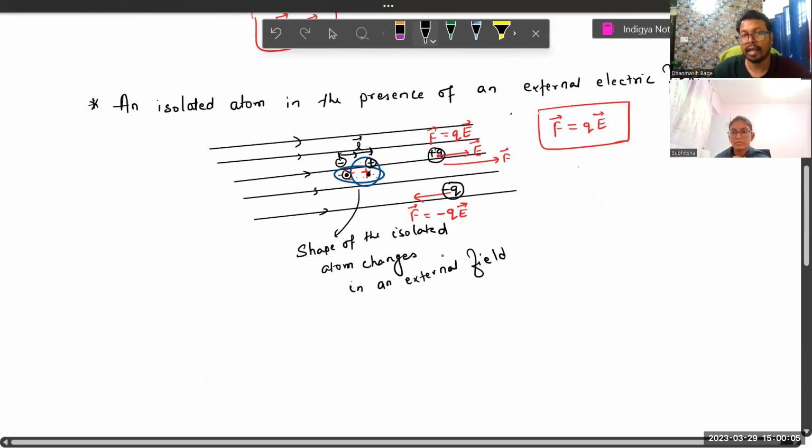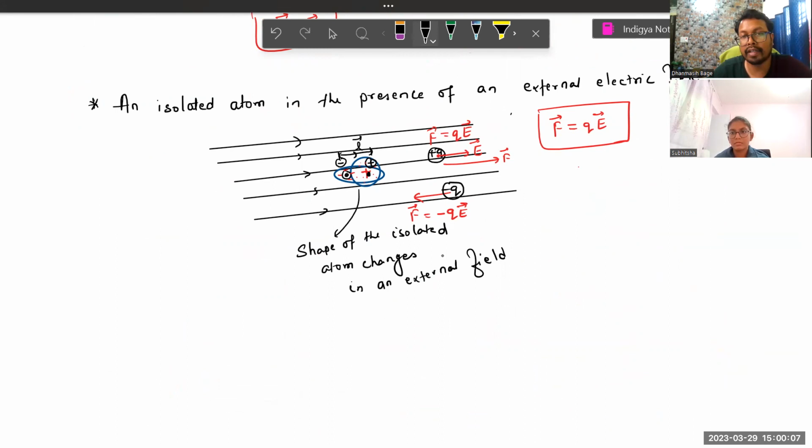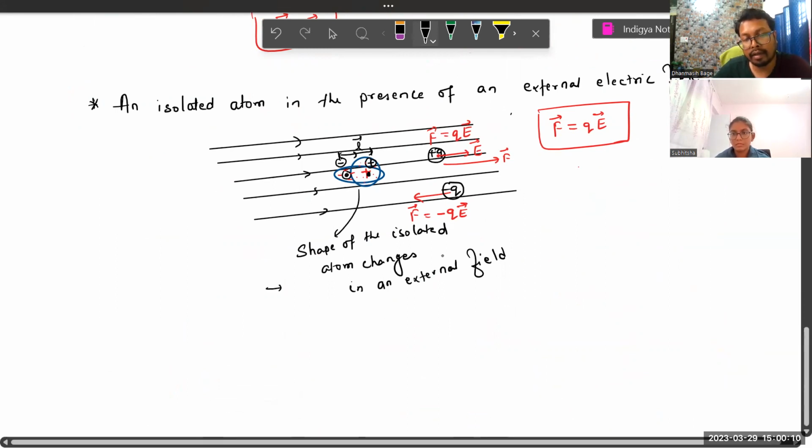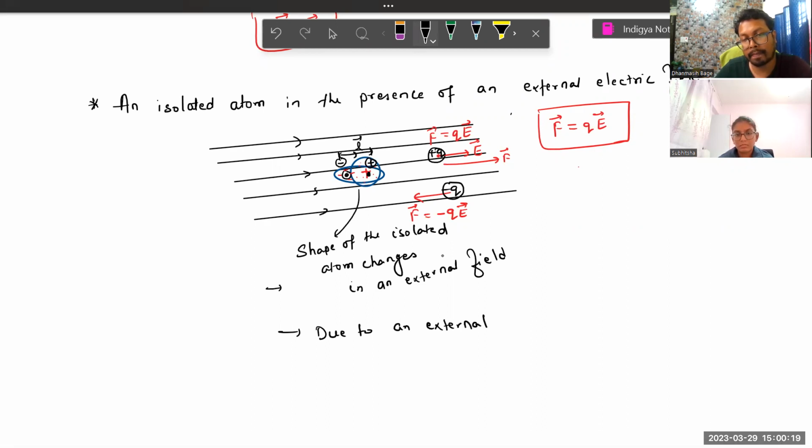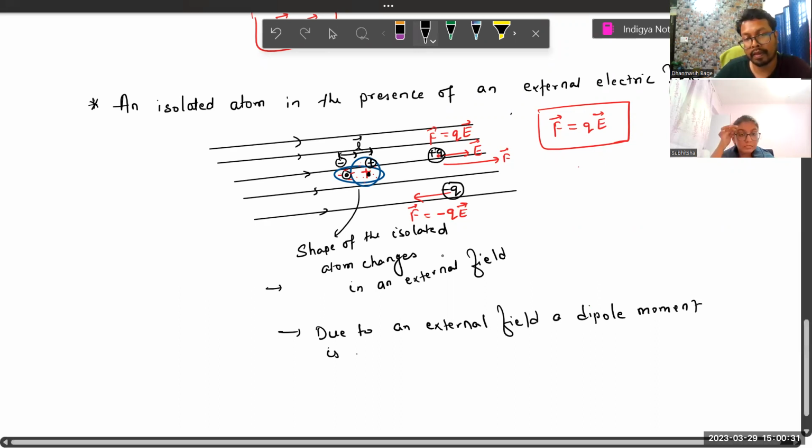And due to that, due to an external field, a dipole moment is induced in an atom. A dipole moment is induced in the atom.